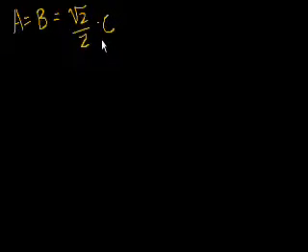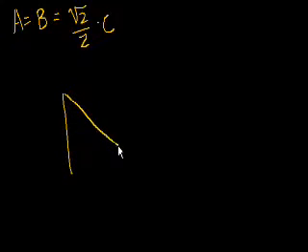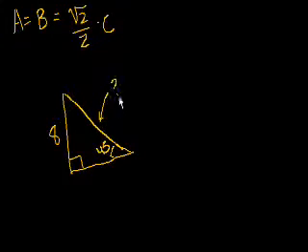We learned just now that a is equal to b is equal to the square root of 2 over 2 times c. So if I were to give you a right triangle, and I were to tell you that this angle is 90, and this angle is 45, and that this side is, let's say, 8, I want to figure out what this side is.